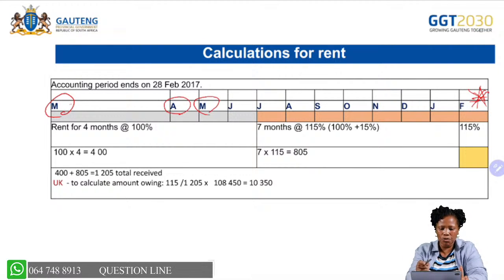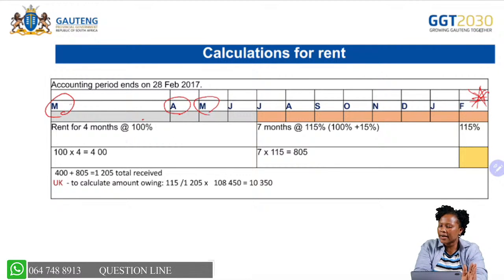I want us now to look at the months before the 1st of July. How many months do we have? We have 1, 2, 3, 4. We have 4 months before the 1st of July, and rent is at 100% in that case.